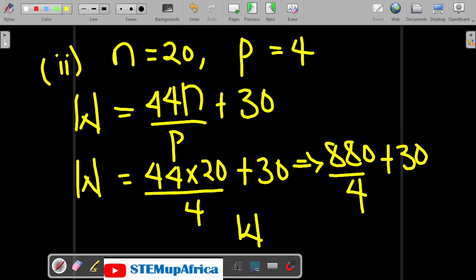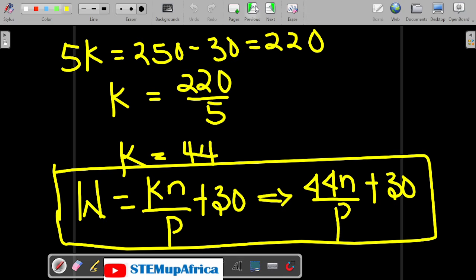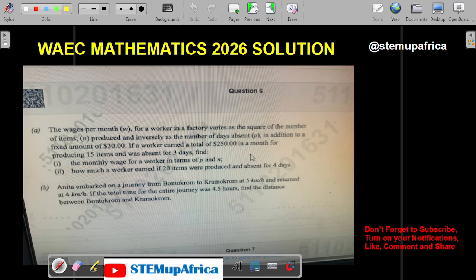So dividing by 4, that is 220 plus 30. So the worker will earn $250. So this is the solution to question 6A, Roman figure 1 and Roman figure 2.